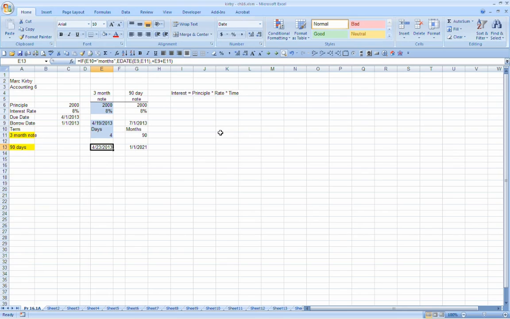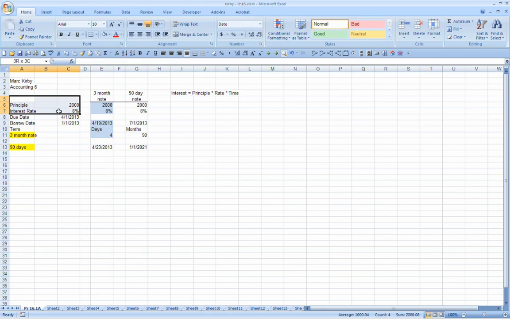The other thing that we could use this for, if you don't have any questions, is figuring out the length of a loan and then using that in the time calculation. Remember, interest equals principal times rate times time. If I'm given a bunch of data, and I'm going to borrow this, okay?